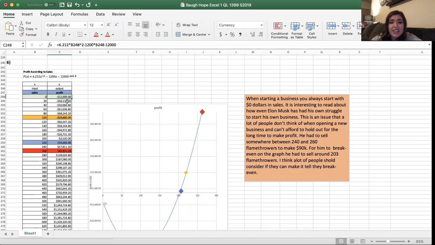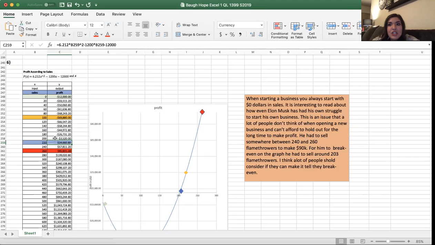I think it would help if people did that more and could plan more wisely. But even Elon Musk had trouble with that. And so, as you can see here on the plot, he had to sell up to 220 flamethrowers before he even started making a profit. It was around, I think, 203 when he broke even.